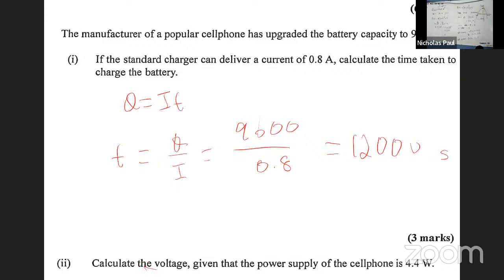Right, they want you to find voltage and they give you power. What's the formula we use here, Nikolai? They want you to find voltage. P is equal to IR. You sure? P is equal to IV. Hurry up, tell me what you got.